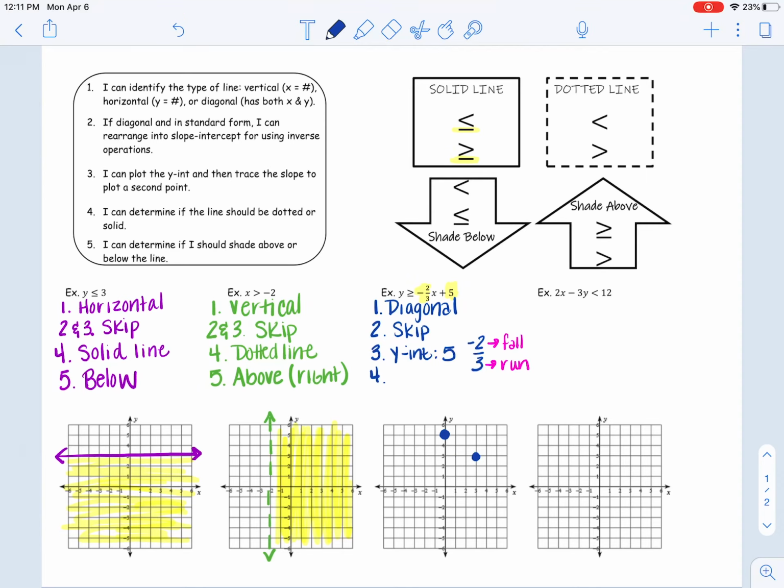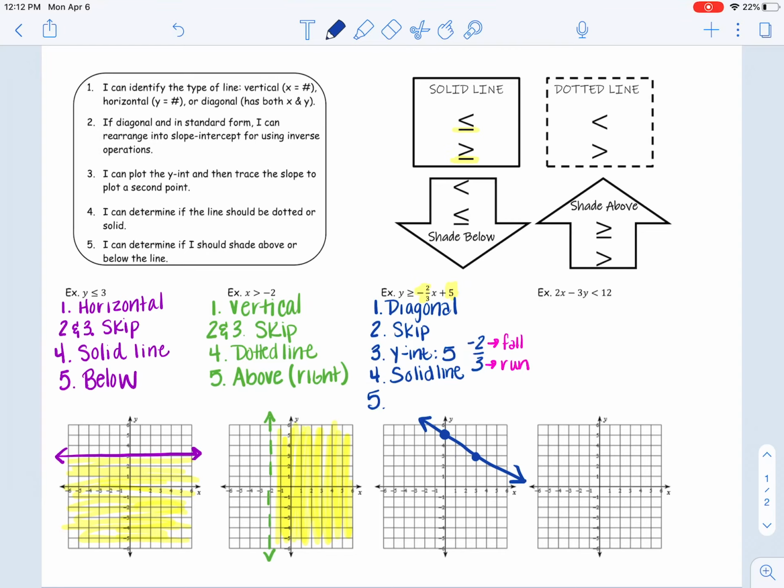So step 4, greater than or equal to. Because of the or equal to, it is a solid line. And I'm going to try to make the best solid line I can. Not incredibly straight, but it's the best I can do. And then we're going to look at step 5.